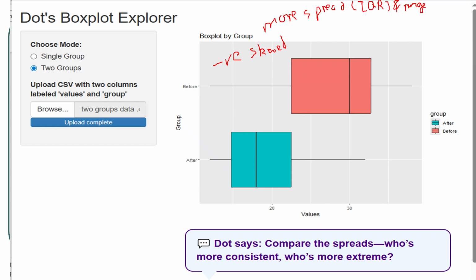So the working hours before Christmas is having more variability in it, and it was less skewed.